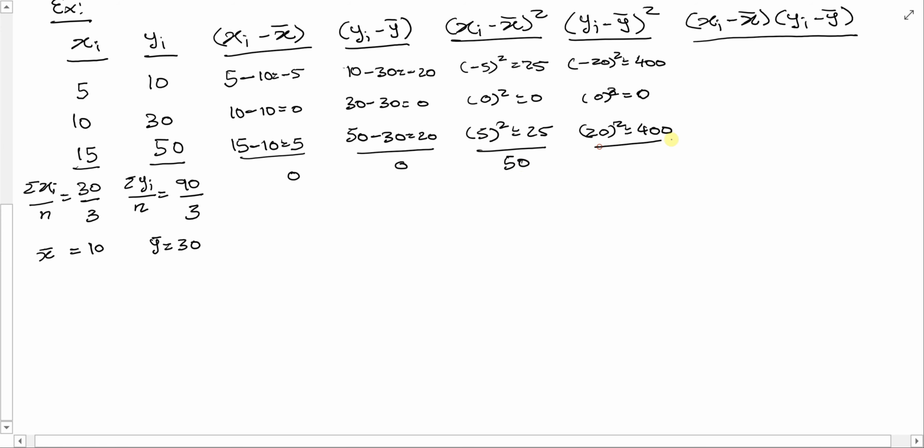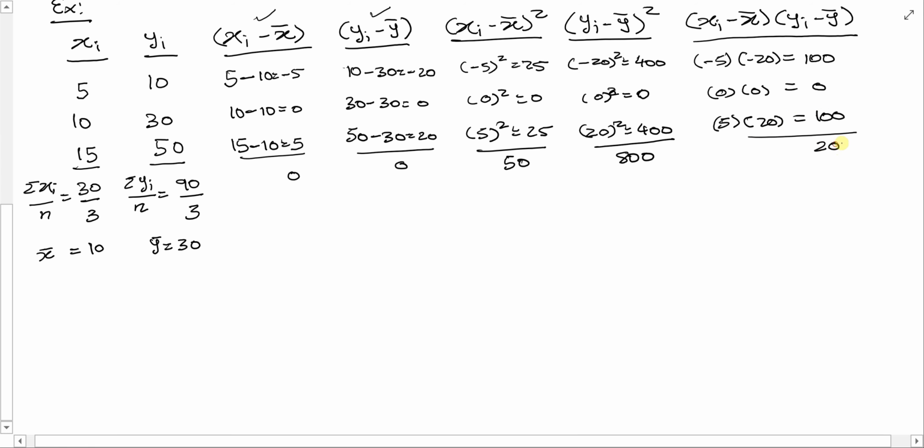Y minus y bar square, that's 800. And then we need the product of this column and that column, which is minus 5 times minus 20, which is 100, then 0 and 0, that's 0, and then 5 times 20, which is again 100, right? And this total turns out to be 200.